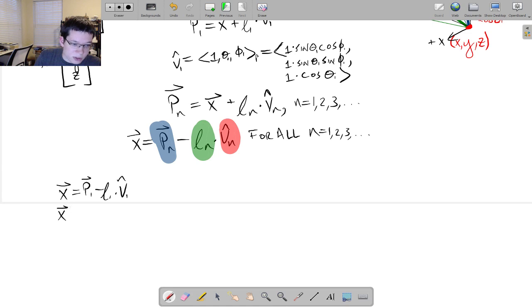X is also equal to p2 minus L2 times v2 hat. This should all feel fairly familiar to you because this is just like solving a regular linear equation, y equals mx plus b style.